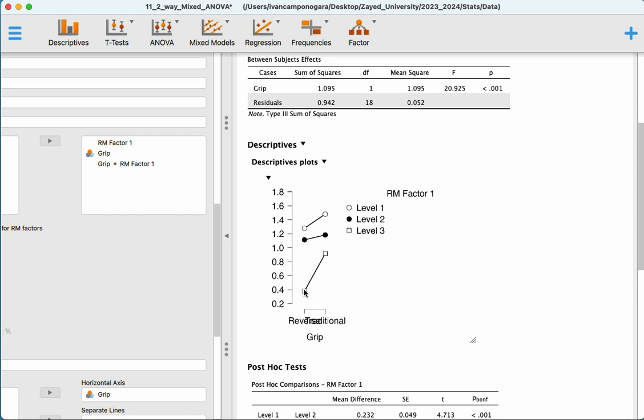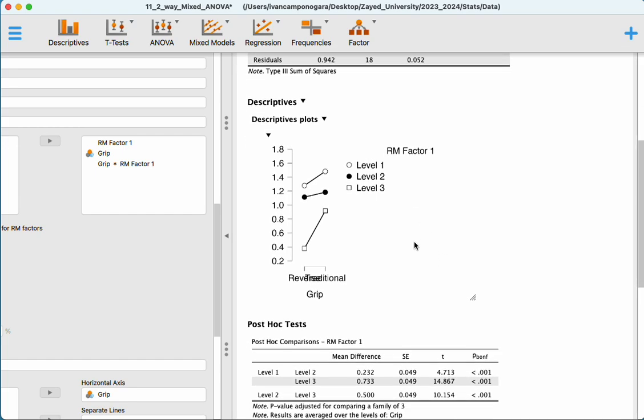So if you had to address whether there was any difference between the grip force after 30 days of training with the traditional grip compared to the grip force after 70 days of training with the reverse grip, then you check this comparison. Otherwise, you don't check it. It depends always on your research question. Okay.